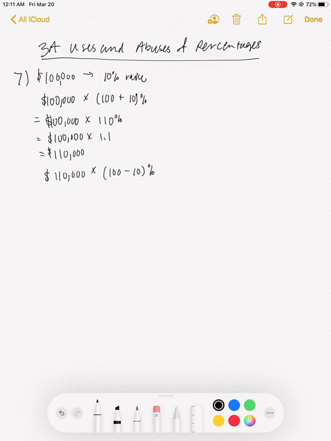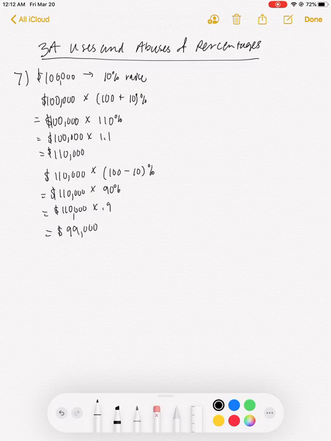Okay, so that's equal to $110,000 times 90%, which is $110,000 times 0.9. So 90% of your salary is equal to, according to my calculations, $99,000.